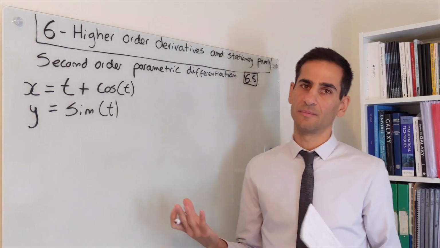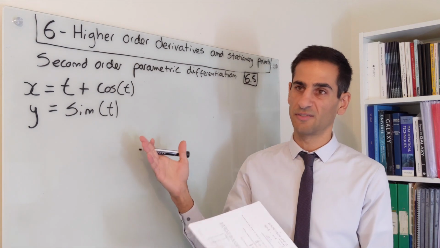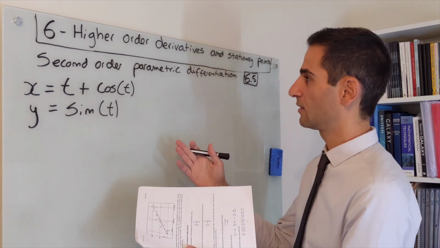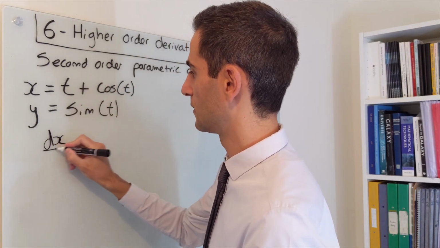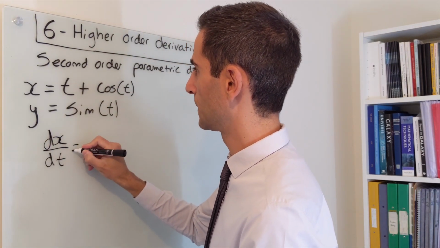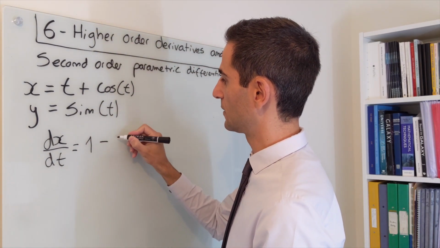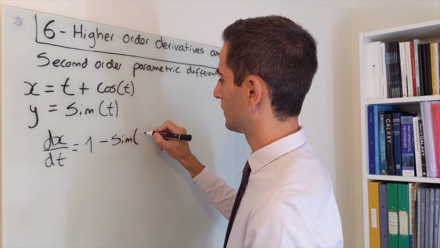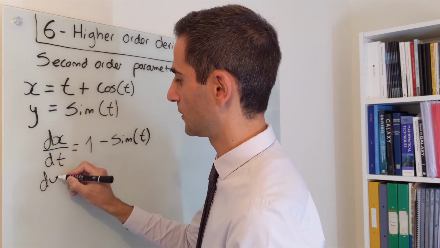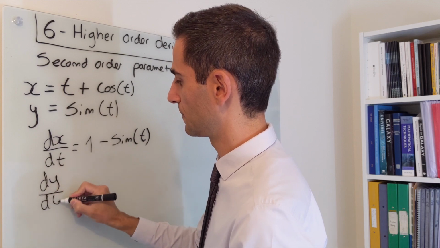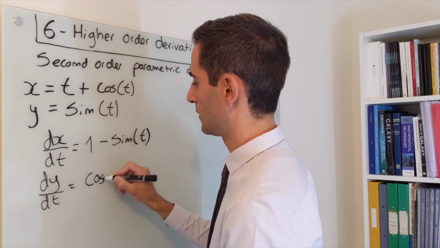Based on what we've seen in section 5, it is relatively straightforward to obtain the first derivative. What we need to calculate on one hand is dx/dt. In this case, this is simply 1 minus sine of t, and the other ingredient is dy/dt, which in this case is cos of t.